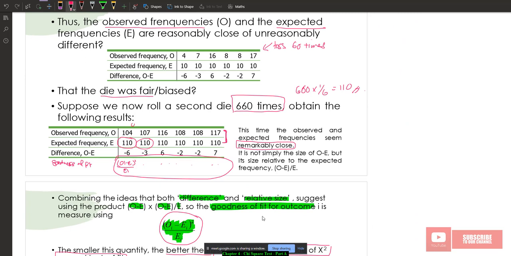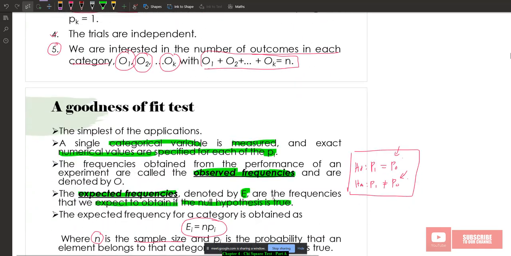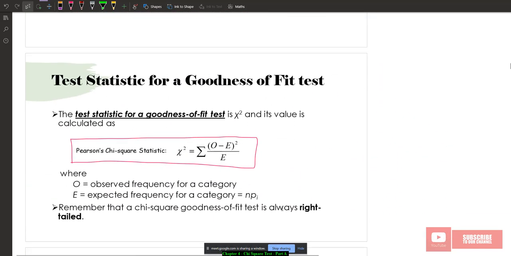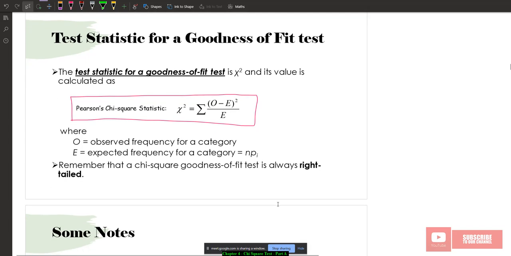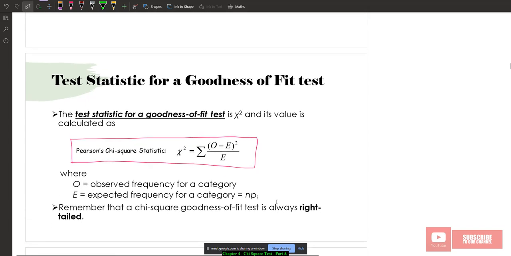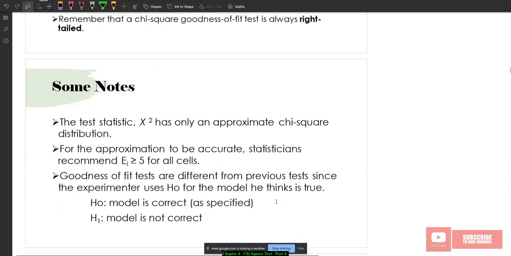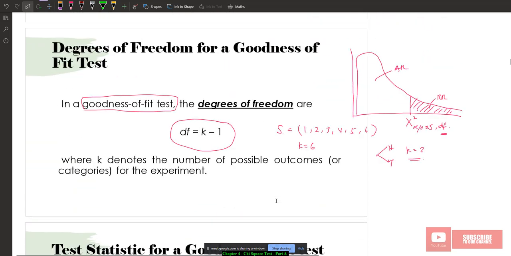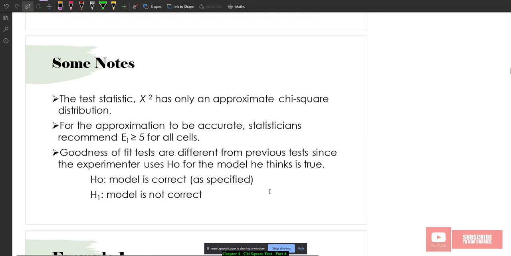Means this is observed 1, expected 1, minus expected, then you square, divide by the expected value. So the summation of all goodness of fit values we call a chi-square distribution, right? Pearson chi-square statistic. And remember that the Pearson chi-square goodness of fit test is always right tail. Like I drew just now, it's a right sided test, right?